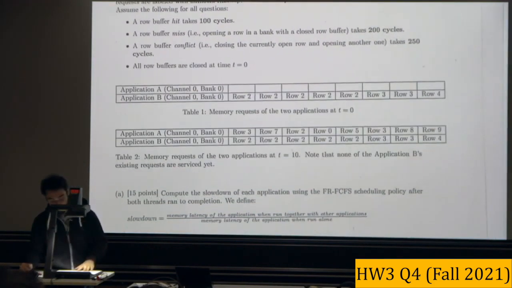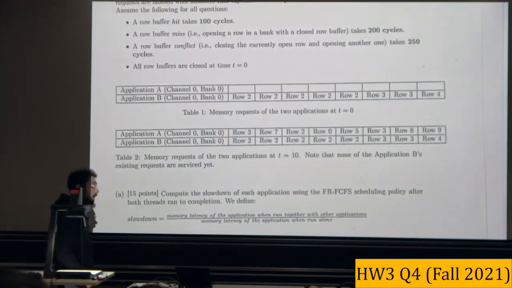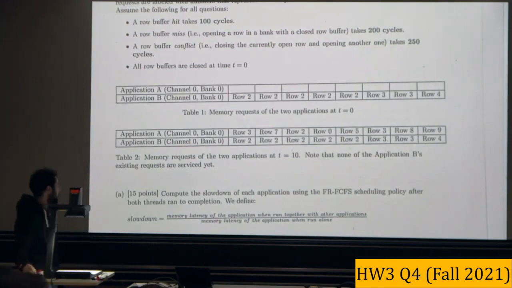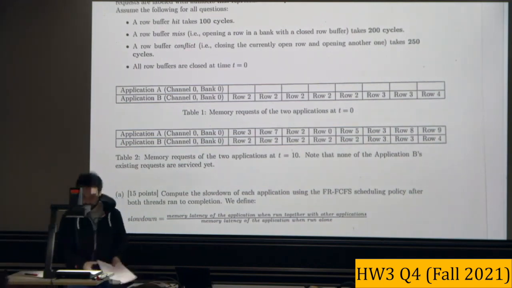We need to compute the slowdown of each application using the FRFCFS scheduling policy after both threads run to completion. We define slowdown as the memory latency of the application when it runs together with the other application over the memory latency of the application when it runs alone.